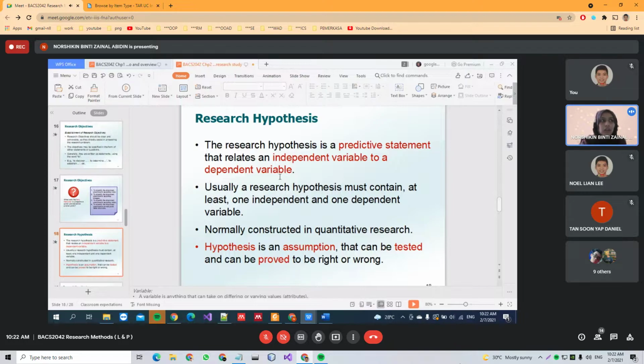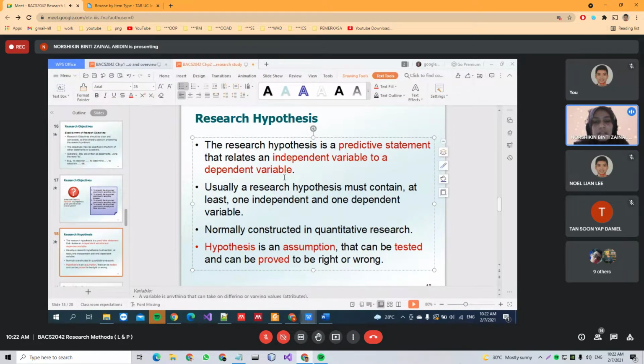For example, you have two objects or you have two variable, variable A and variable B. And then for hypothesis, you need to have independent variable and dependent variable. Guys, this is important because maybe, I'm saying maybe, in your midterm, they will ask you what is the independent variable or what is the dependent variable of the hypothesis.